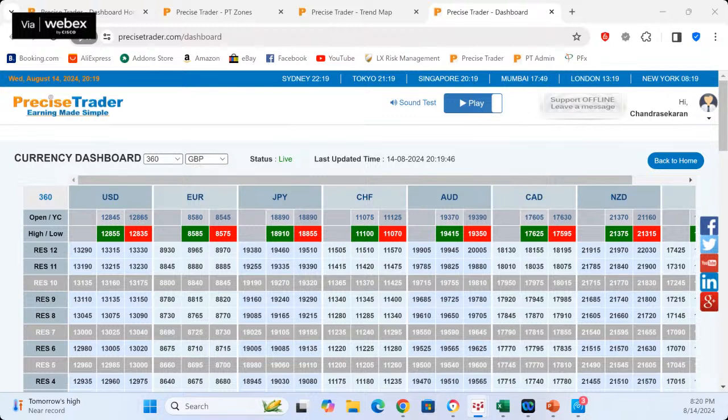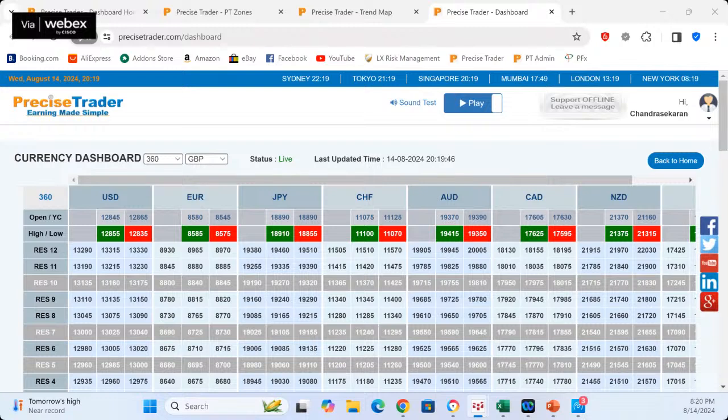So overall, the price target I'm expecting for today is 129.50, 130 or 130.40.